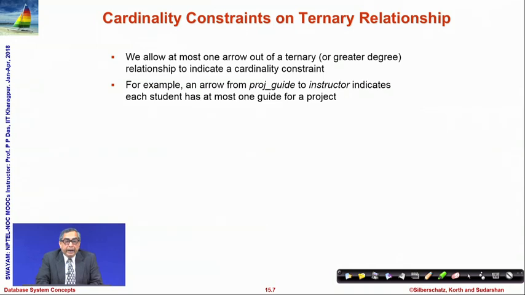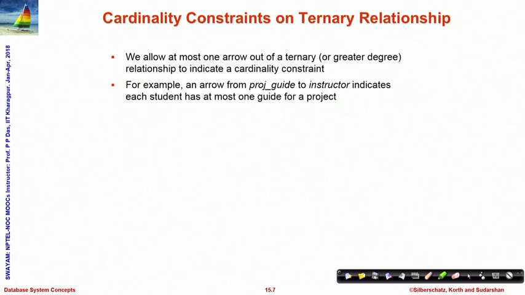In the case of a ternary relationship, which would generalize to relationships of higher degree where more than 3 entity sets may be involved, we put a restriction that we will allow at most one arrow out of the ternary relationship.